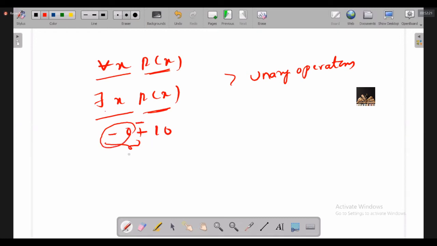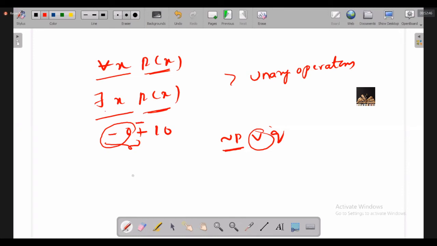So unary operators are evaluated first, then binary operators. In negation P or Q, first the negation of P is evaluated, then the disjunction. So unary operators have higher priority than binary operators.